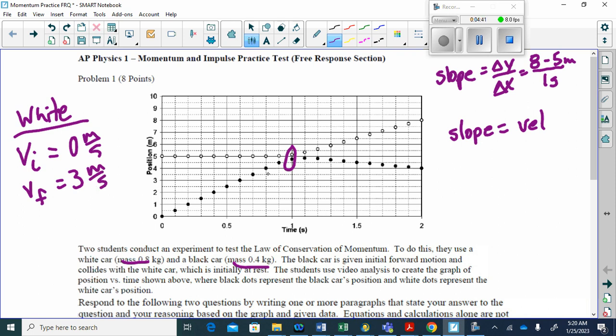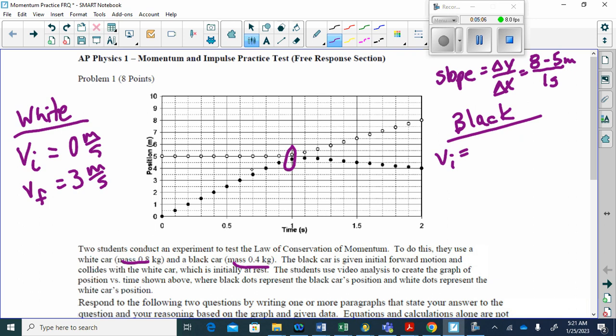Now let's look at the black cart. I'll do that one over here. The black cart has an initial velocity that's not 0.